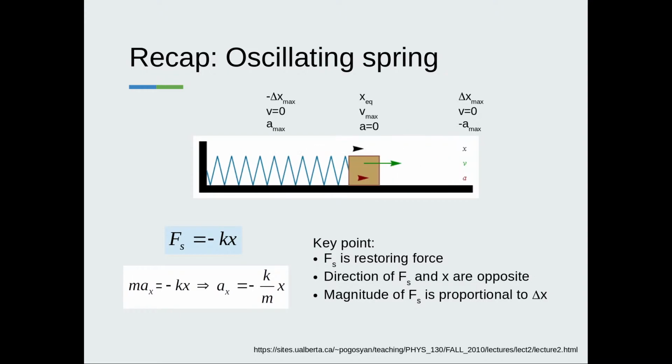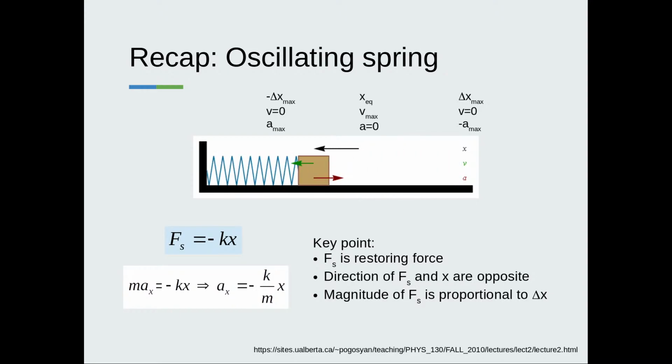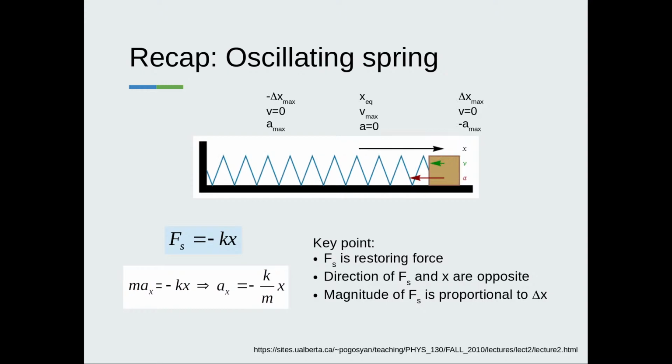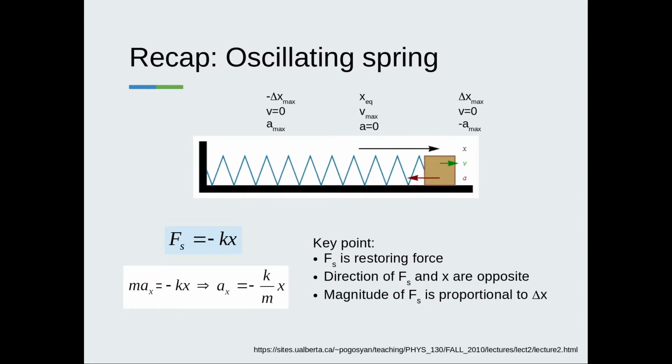And then this is the equation of motion. So we have the mass, we have the acceleration. So ma is just equal to the force, and this should be equal to minus kx. And then you can rearrange your equation a little bit, so you find the relation between the acceleration and the position, and you see that here is something like a coefficient.